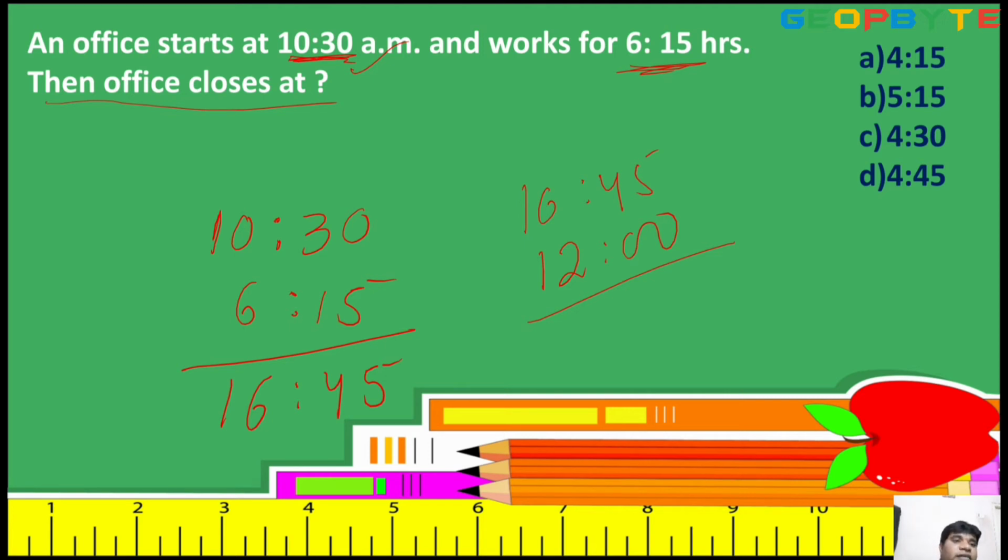There is no change in the minutes, so 45 stays, and 16 minus 12 leaves 4. So 4:45 is the answer. Suppose the time is 15, what is the time? Remove 12 hours, so the time is 3. When you get more than 12, subtract 12. Less than 12, not a problem.